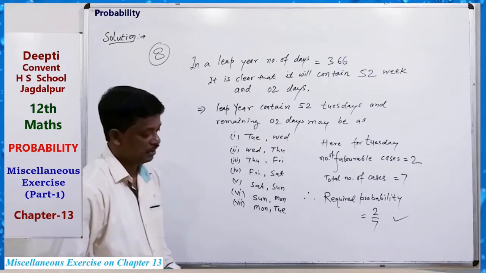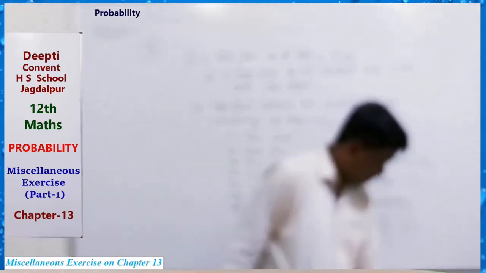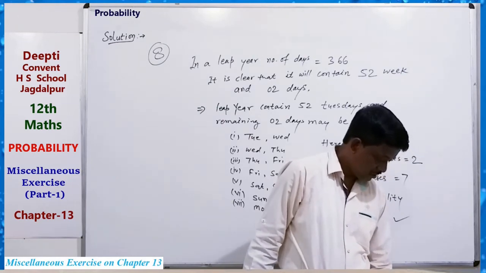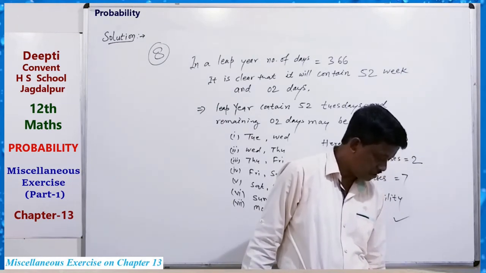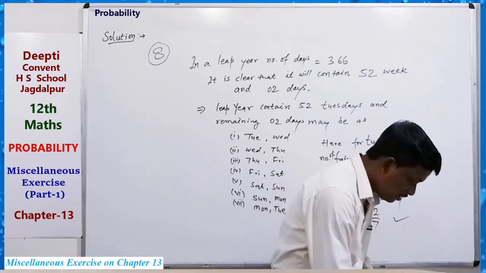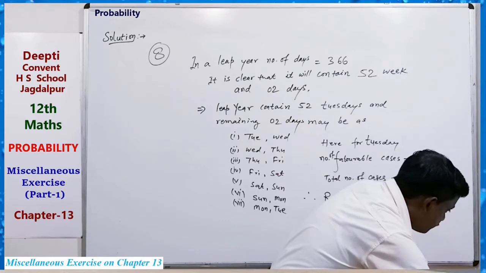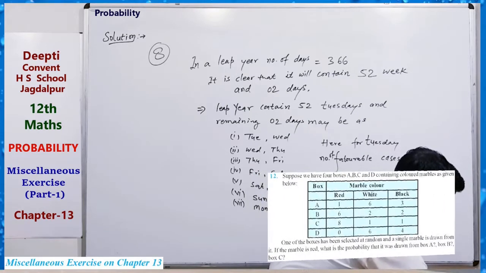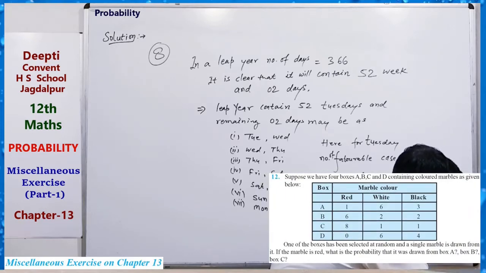Clear? Now questions 9, 10, 11 depend on binomial distribution. In question 12, we can use Bayes theorem and also the conditional probability theorem.